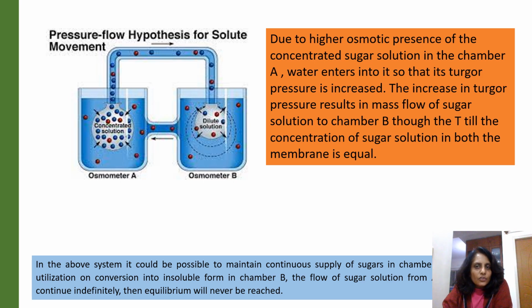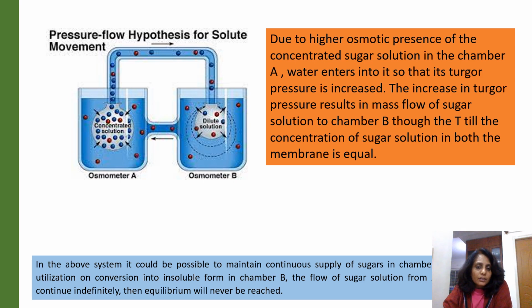Due to higher concentration of sugar solution in osmometer A, water enters into osmometer A because of the turgor pressure gradient, and as a result, because of the increase in the turgor pressure, there is mass flow of sugar solution from A to chamber B through the tube T till the concentration of sugar solution in both the osmometers becomes equal.